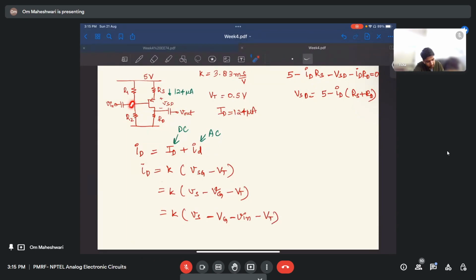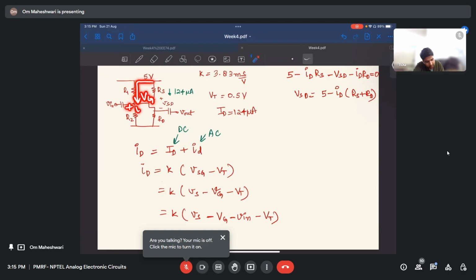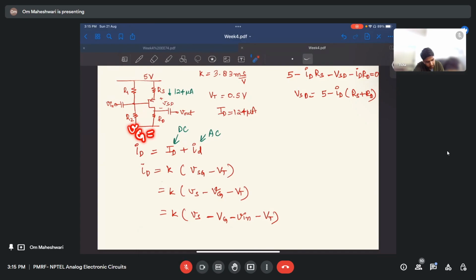So the voltage here would be the DC voltage VG plus this AC voltage V in. So total VG equals VDC plus AC. I have expanded this as this. So when this V in increases, we can see this ID will decrease, right?